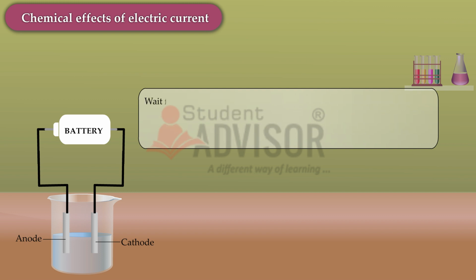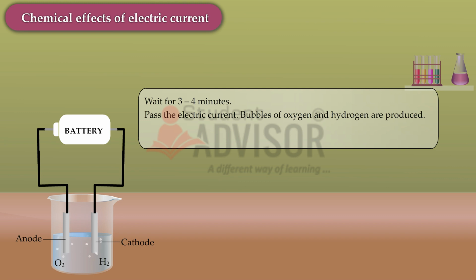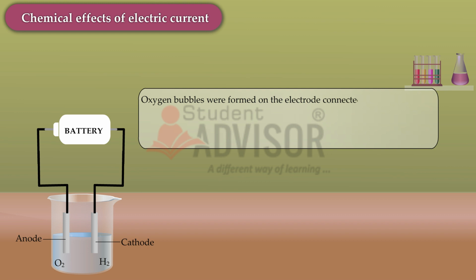Wait for 3 to 4 minutes. Pass the electric current. Bubbles of oxygen and hydrogen are produced. Oxygen bubbles were formed on the electrode connected to positive terminal of the battery, and hydrogen bubbles were formed on the other electrode.